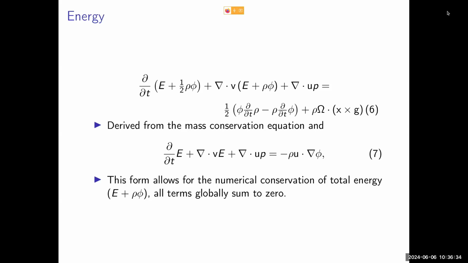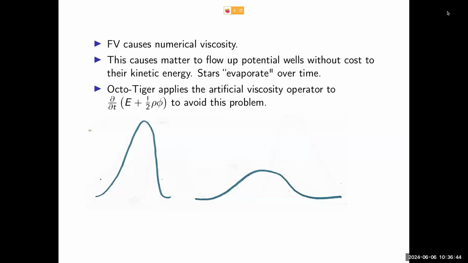That should be conserved. Take this form, and you wind up being able to conserve it. And this helps prevent stars from evaporating.